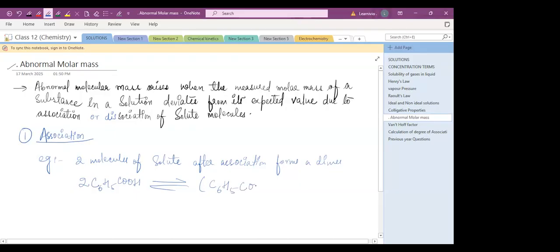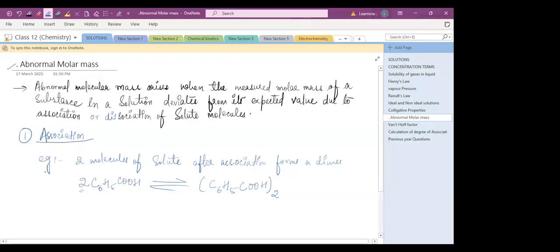C6H5COOH twice. You can see, after association, these two molecules of solute form a dimer, (C6H5COOH) twice. So it is a dimer of benzoic acid. Two moles of benzoic acid combine with each other and form the dimer after association.